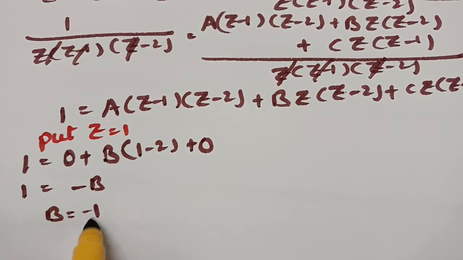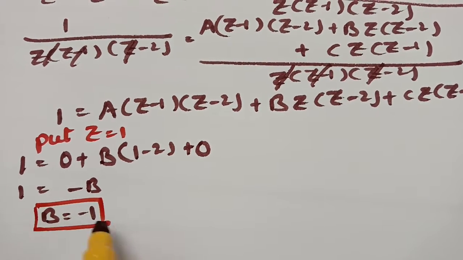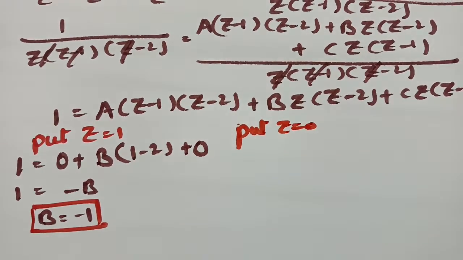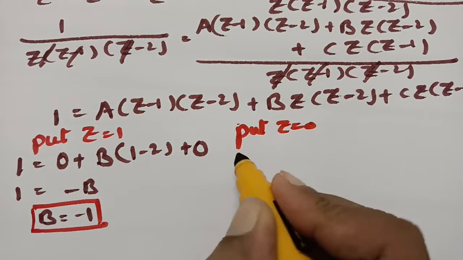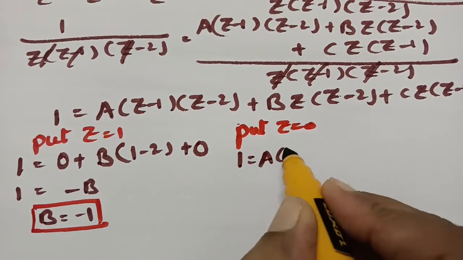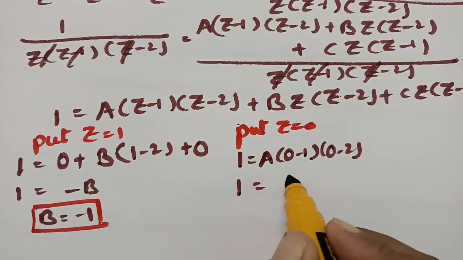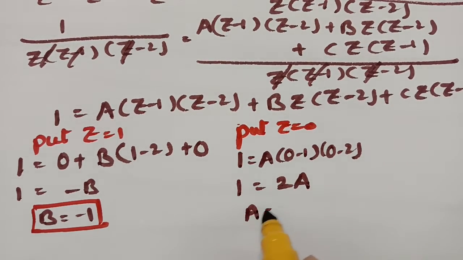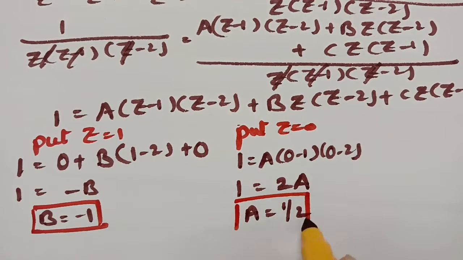So we got the value of b as minus 1. Clear? Next, if I put z is equal to 0, then this will be 0, this will be 0. What remains here? 1 is equal to a into 0 minus 1 into 0 minus 2. So this value is 2a, and a value is 1 by 2. So we got the value of a as 1 by 2.